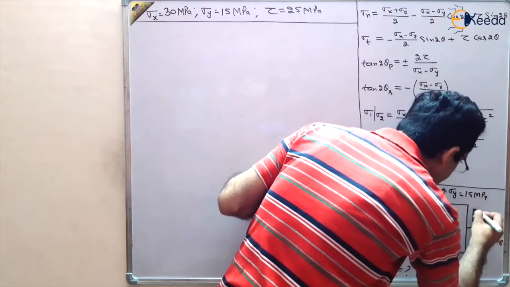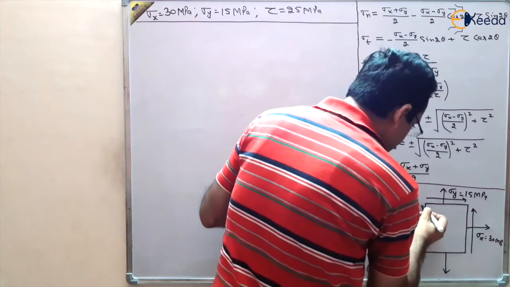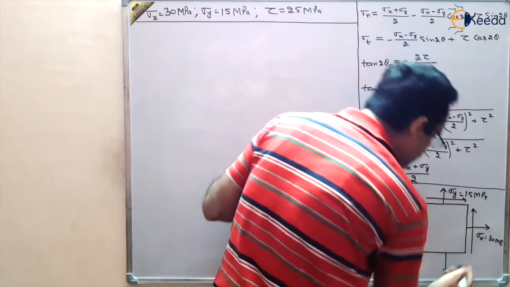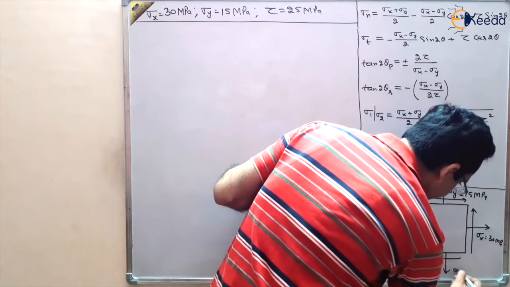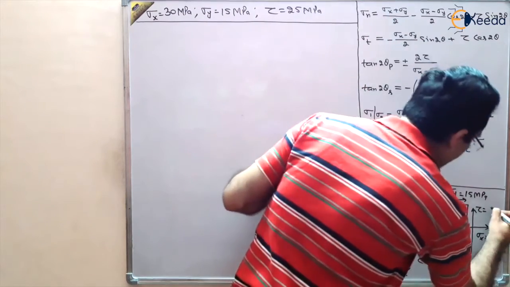We are taking this condition as positive, that the shear stress is making an anti-clockwise couple at the plane of sigma x. So this is positive shear stress, and tau is given as 25 megapascal.